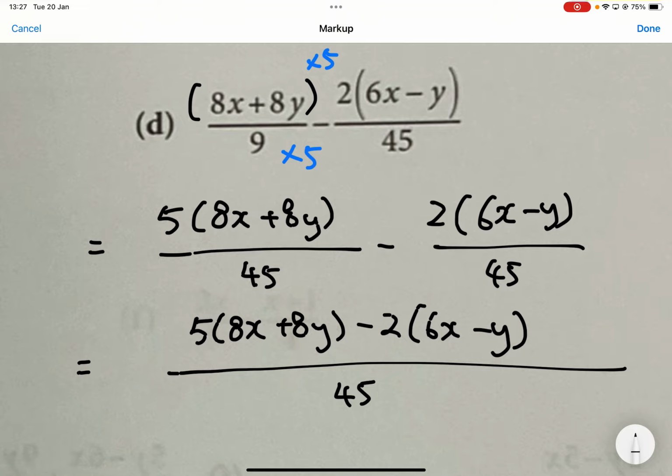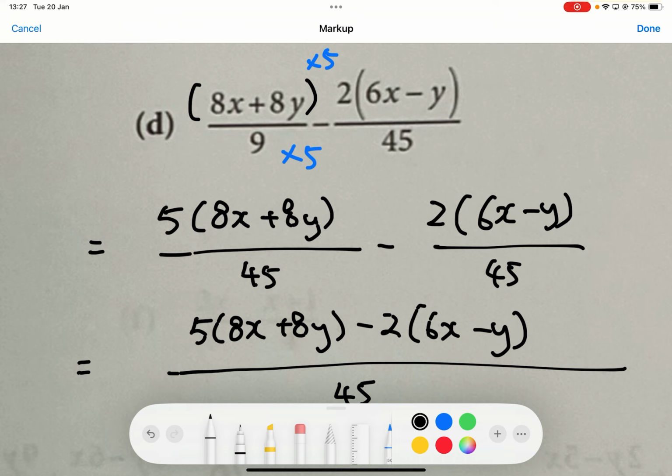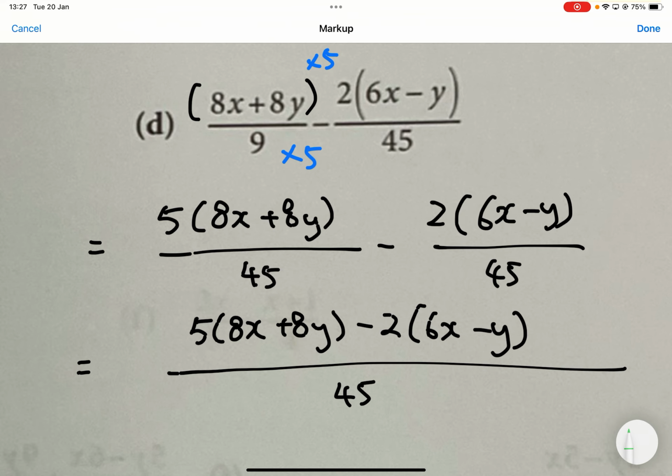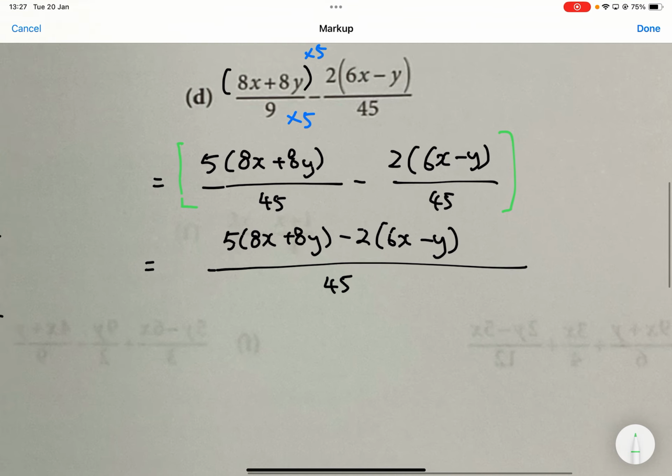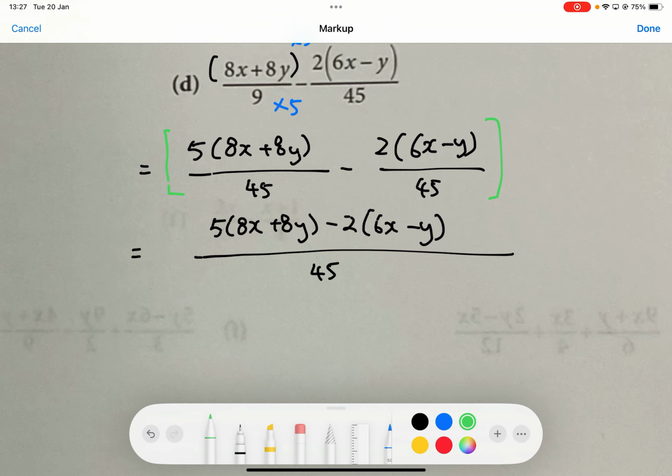You can straight away go to the third step. One common denominator, but still don't expand. The whole numerator minus the whole numerator. If you really want to save your ink, you can skip this step. But I will suggest you to just write.